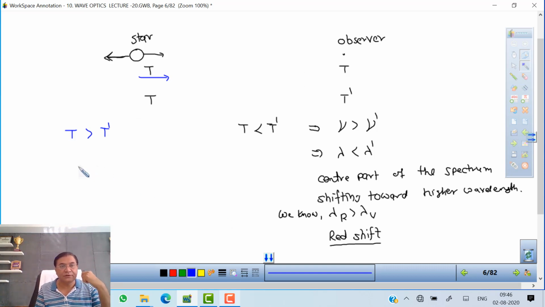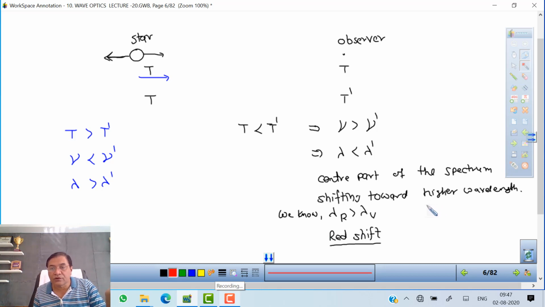So the original frequency is less than the observed frequency, and therefore the original wavelength is greater than the observed wavelength. So now, instead of going toward higher, it is toward higher frequency, less wavelength. And less wavelength means toward violet.